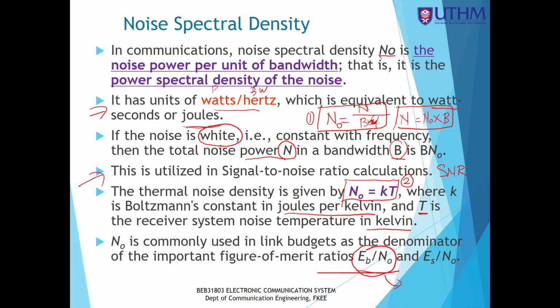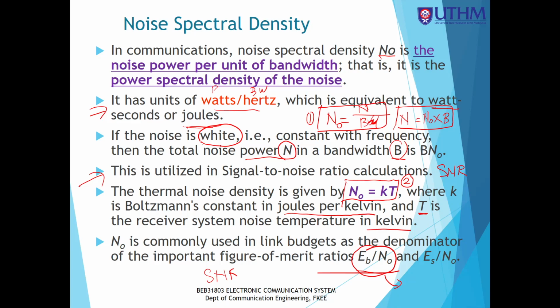In analog systems we usually find the SNR, signal power divided by the noise power. But in the digital system, we use Eb over N0, bit energy divided by the noise power spectral density.